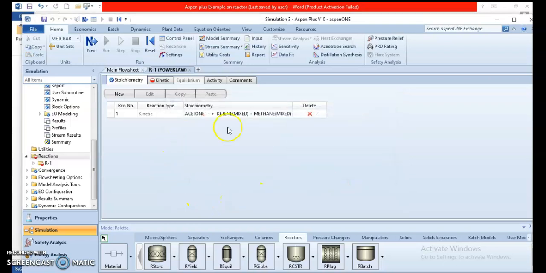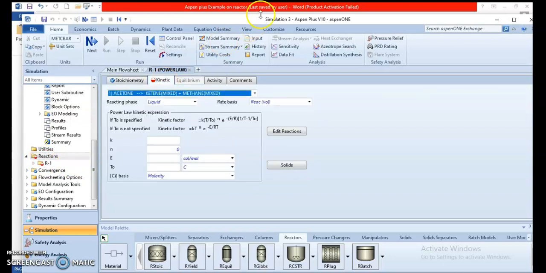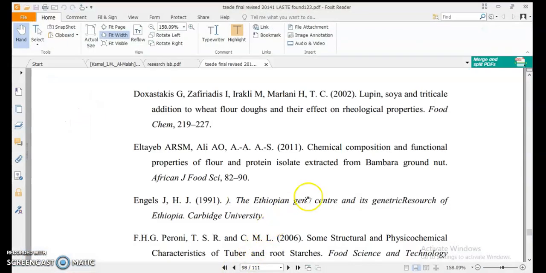Then I can leave this area, and for the kinetics, look, the Kmol is 1.125. It's calculated. Sorry, wait a moment.